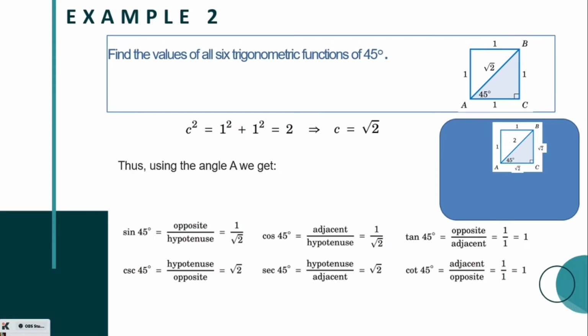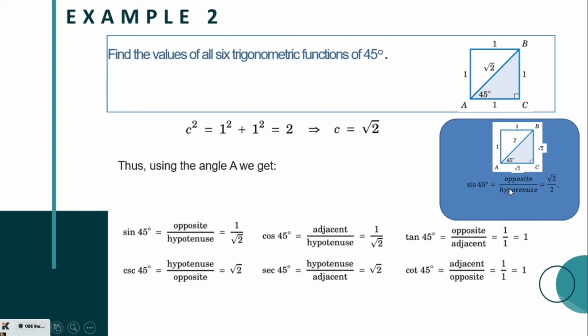So that's just equal to multiplying square root of 2 in all the sides of our triangle. So if we multiply 1 by square root of 2, that's just equal to square root of 2, and this one is also square root of 2. And then if we multiply square root of 2 by the length of the hypotenuse, which is square root of 2, that's just equal to 2.